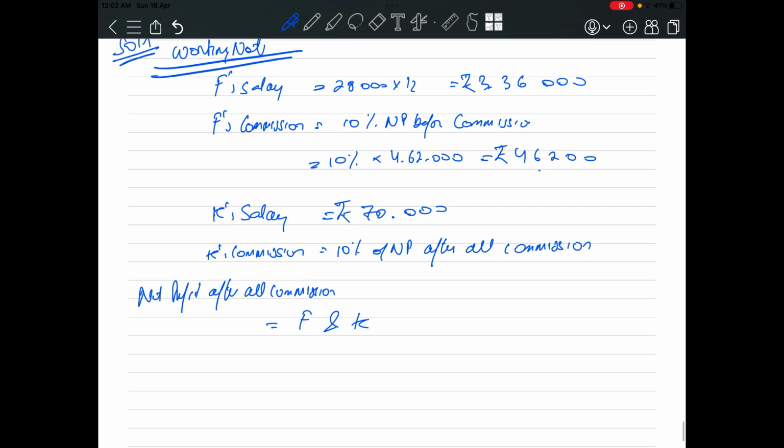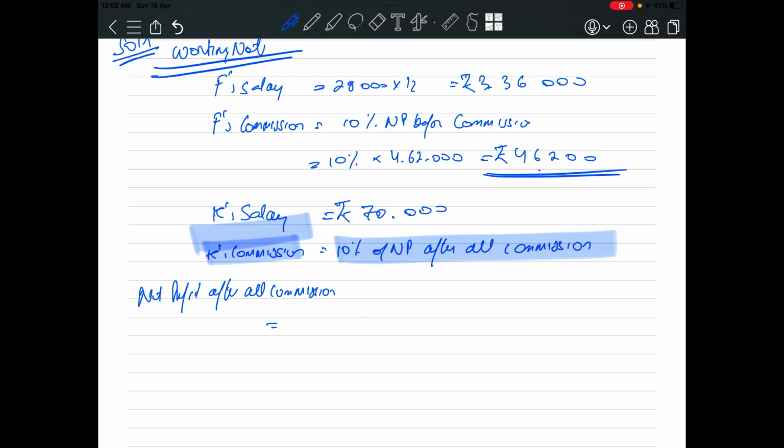We know the commission amount of F, but we don't know the commission amount of K, right? This is what we have to calculate. The problem is we have to calculate K's commission, and we have to calculate net profit after charging all commission. So how will we do this? Let's try to solve. This is the most important part of this question.